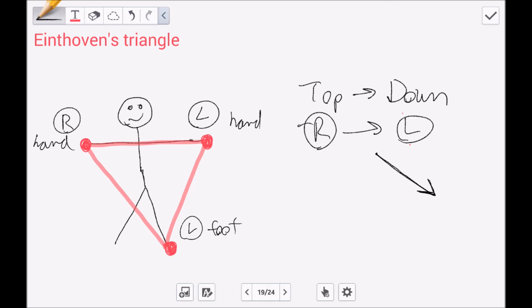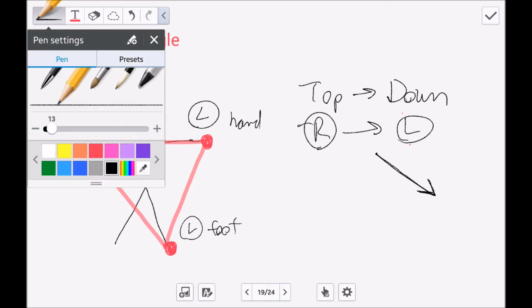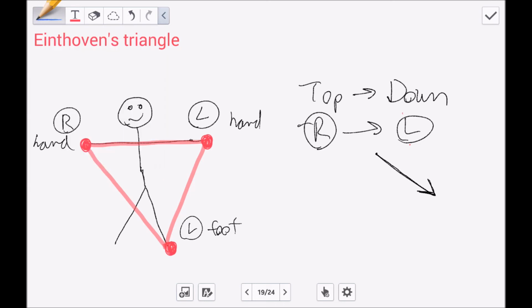So we have three leads. We're going to use a different color. You can see the right hand and the left hand is connected to the left foot, so this is a triangle. Right hand to the left hand is going to be lead 1, and electricity travels this way.